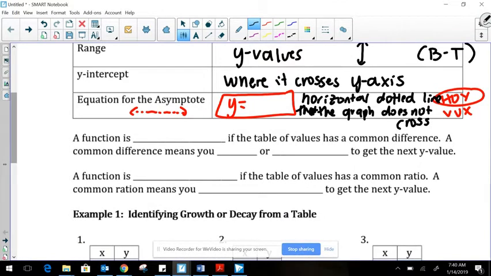All right, first one, a function is linear if the table of values has a common difference. Common difference means you add or subtract to get the next y value. Let me draw an example here.